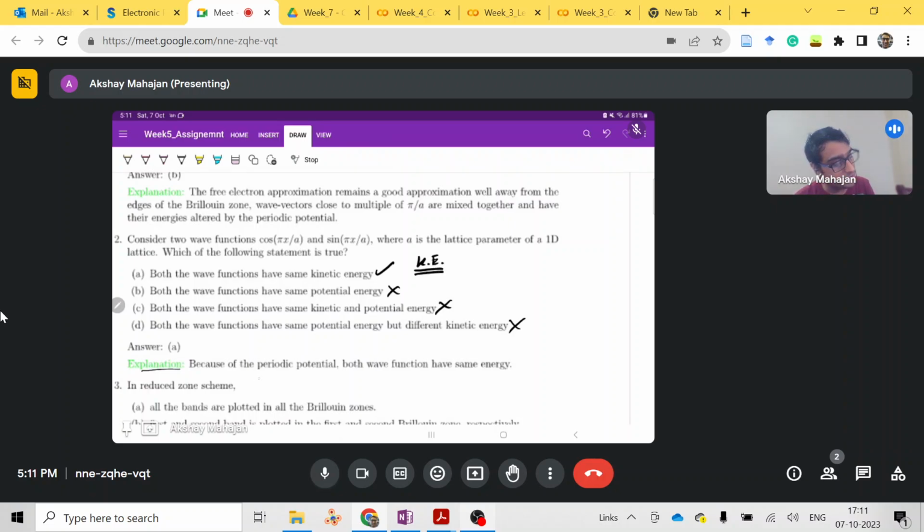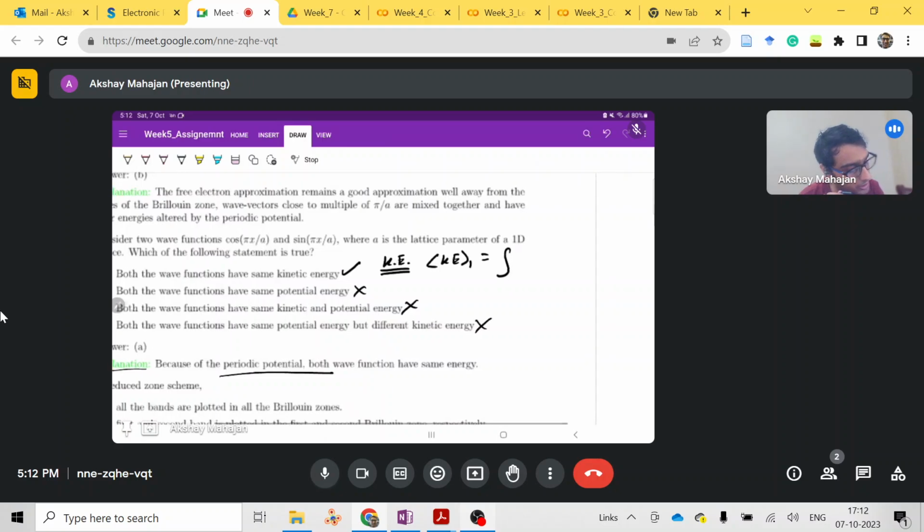So the explanation is that with the periodic potential, both wave functions have the same energy, or you can actually do the expectation value of the kinetic energy with respect to, let's say, function 1. That will equal the integral from x equals 0 to a of cos pi x by a, times minus h square by 2m, d square by dx square of cos pi x by a, dx.